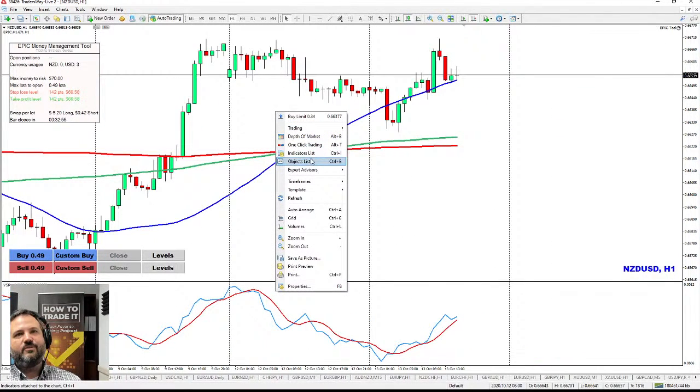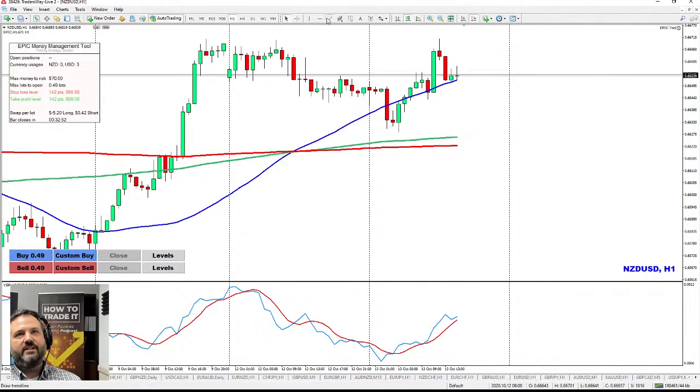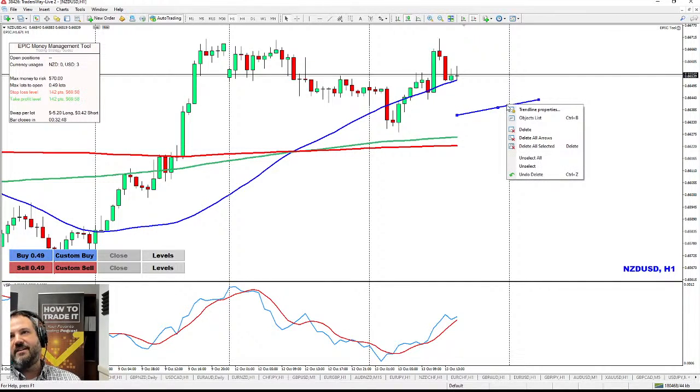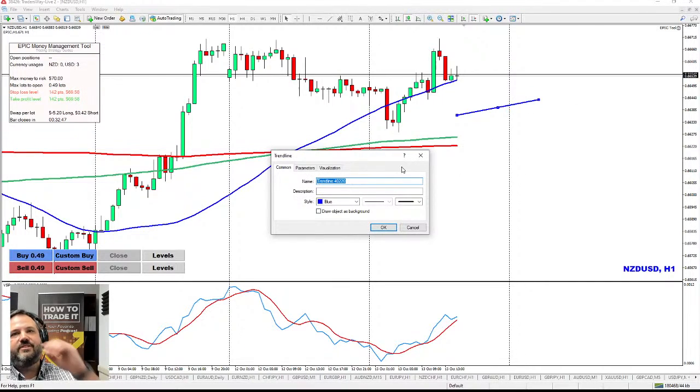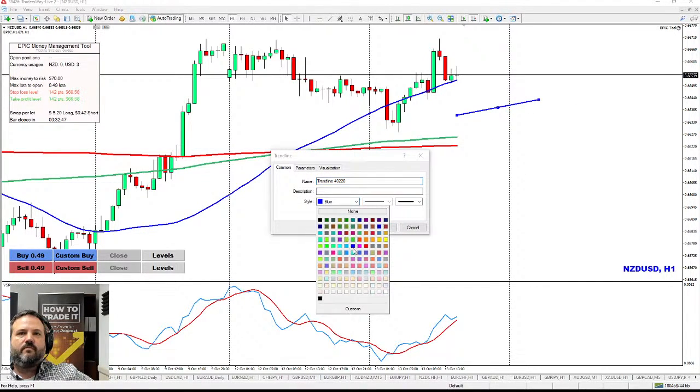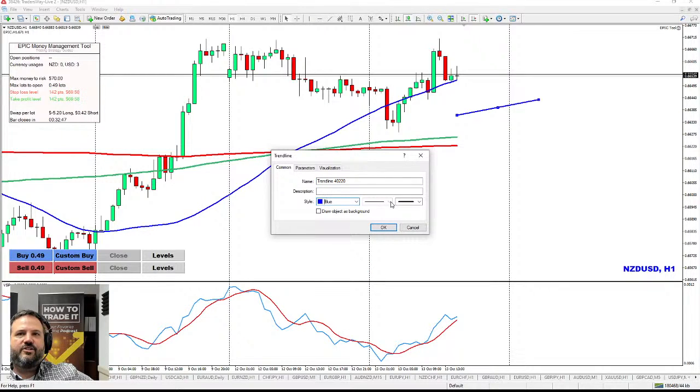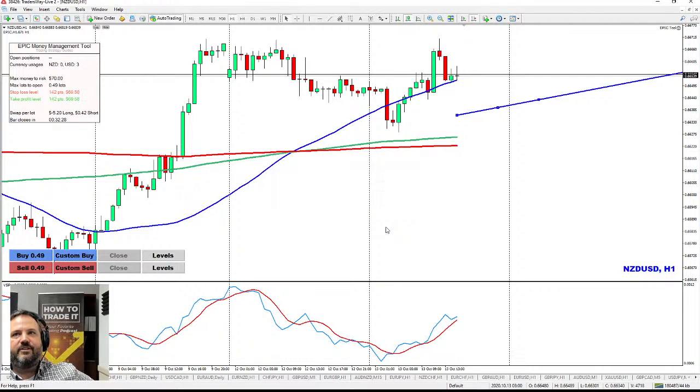If you draw a trend line, double click it, right click, and then do properties, you can change some of the things about it. You can change the color, right? You can change the style, and I like to make them a little bit fatter so I can see them. And if you click the parameters and do it as a ray, it'll go on forever.